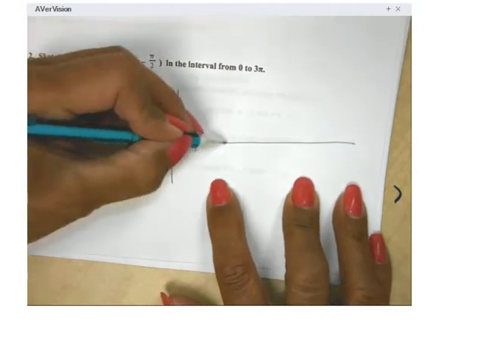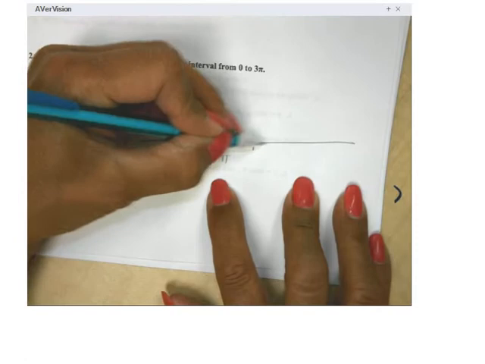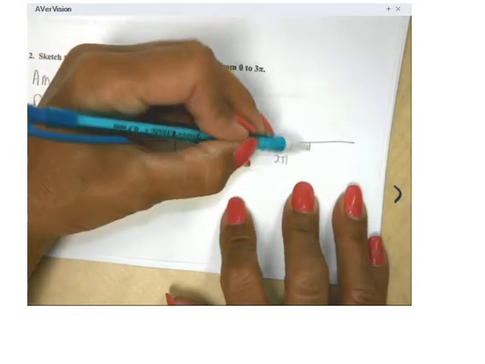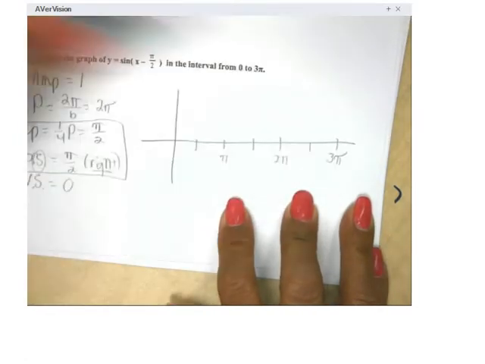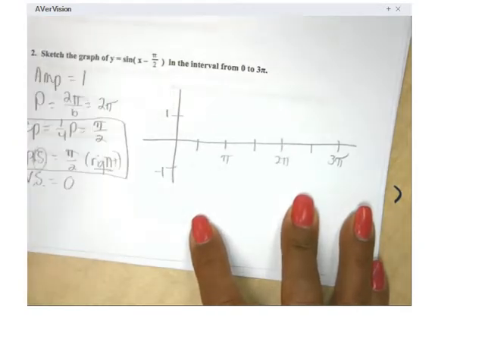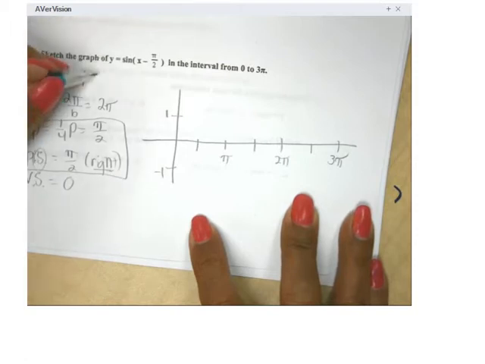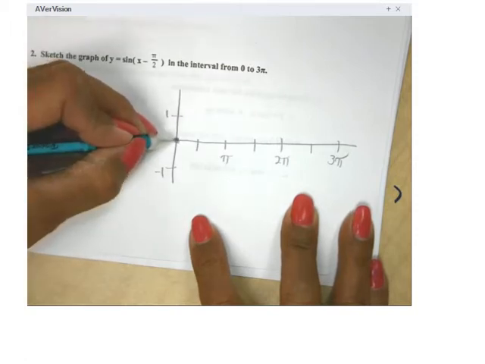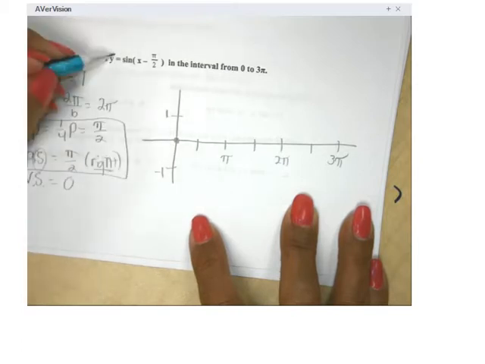So here's pi, here's 2 pi, here's 3 pi. My amplitude is 1, so I need not go any higher than 1 or lower than negative 1. And it's a sine function. The sine of 0 is 0, so we're going to start right here in the center. It has a positive lead coefficient, so I'm going to rise from a 0.